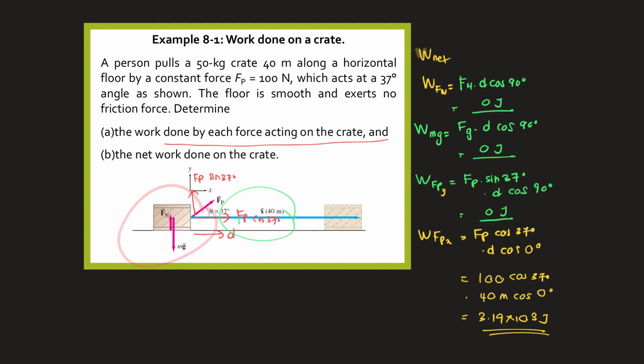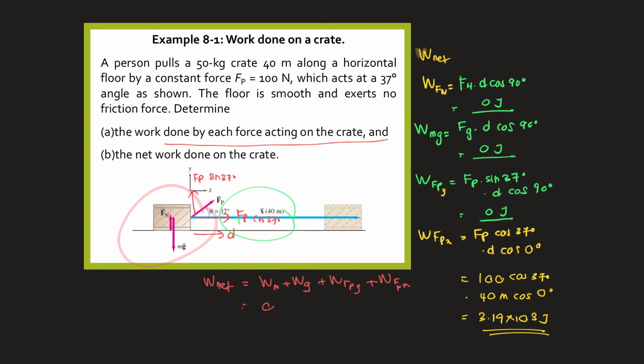Okay, so the next part is the question. You already found the work done by each force, and the question asks you to find the net work done on the crate. So you need to add all the things. If you have a minus in your answer, then you put it as a minus over there. So if I put it as an equation, it's going to be W net equals the work done by the normal force plus the work done by the gravitational force plus the work done by the push force in the y direction, and the work done by the push force in the x direction.